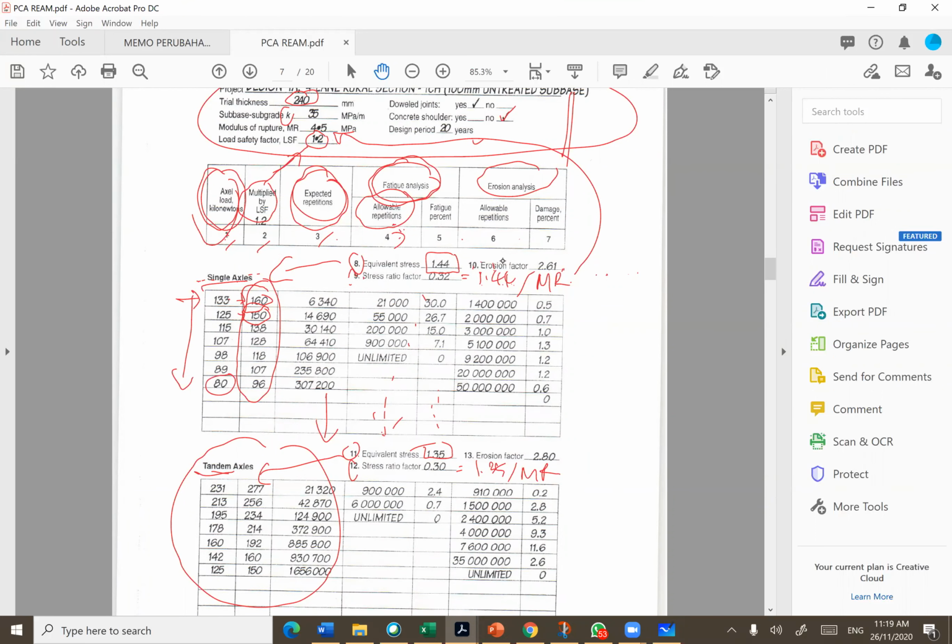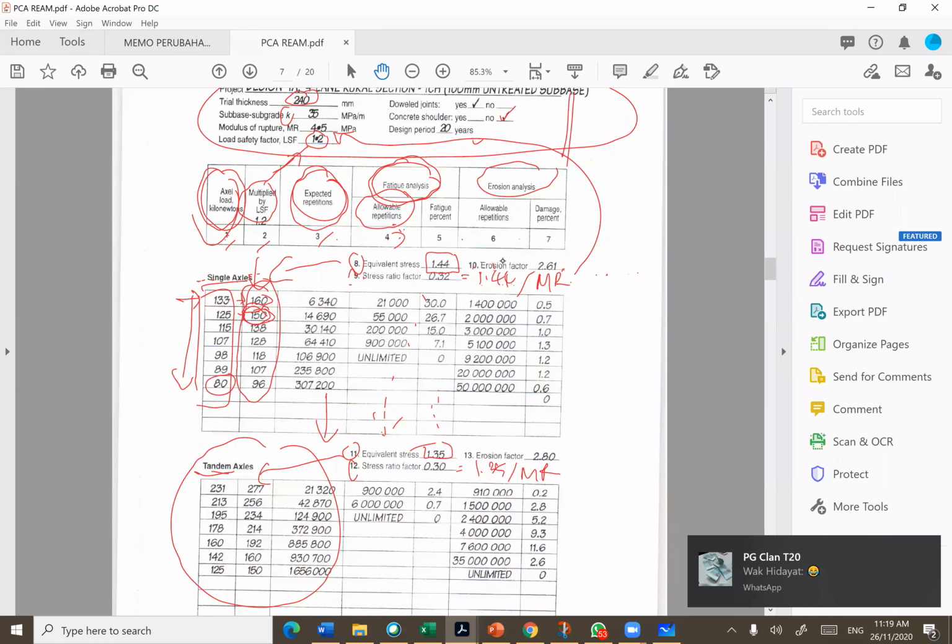This one. Yes. Okay, don't use this one. Use the value after being multiplied with the load safety factor. I was just asking you at this point, Zaid. You're so fast, you're already doing this level. Okay, never mind.